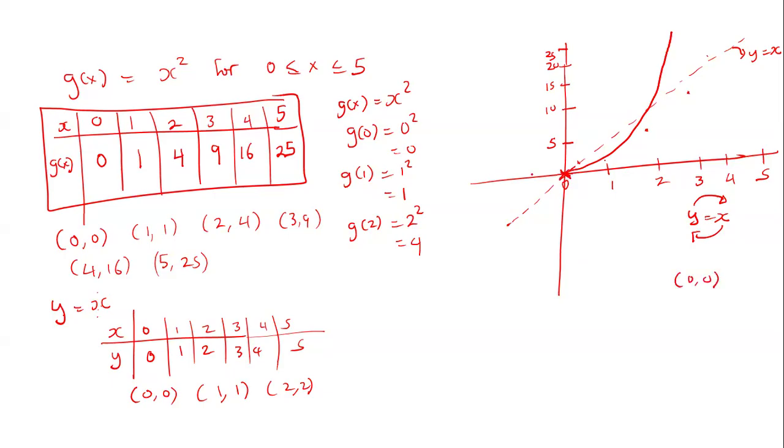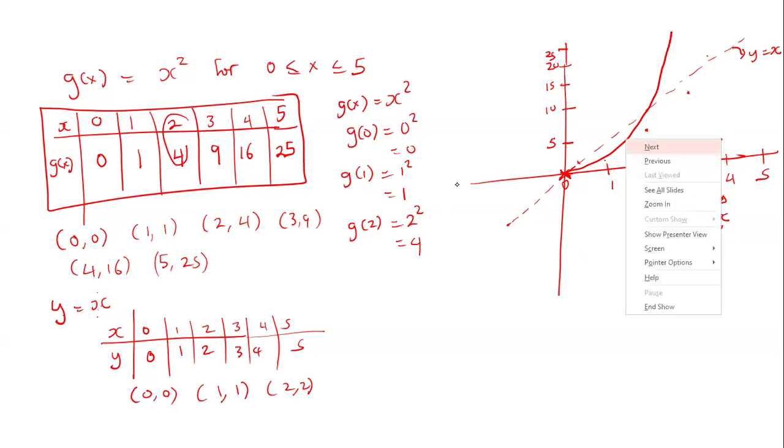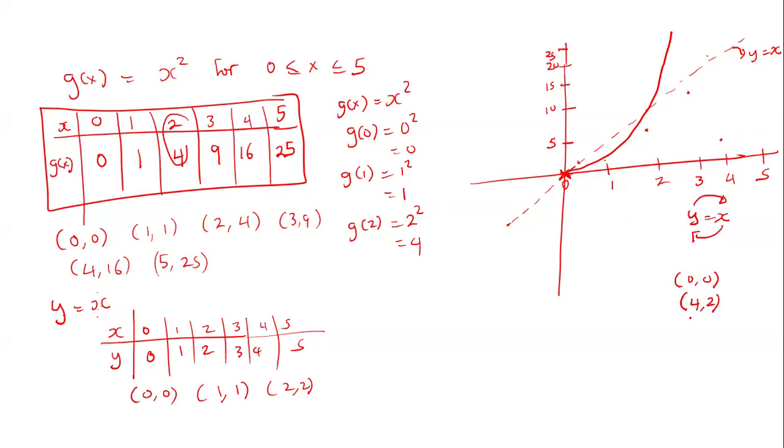What you had as 2, 4, now it's going to interchange. You'll have 4 and 2. So you'll come here, check out for 4 and check out where 2 is. What you had as 3, 9 becomes 9, 3. What you had as 4, 16 becomes 16, 4. What you had as 5, 25 becomes 25, 5.